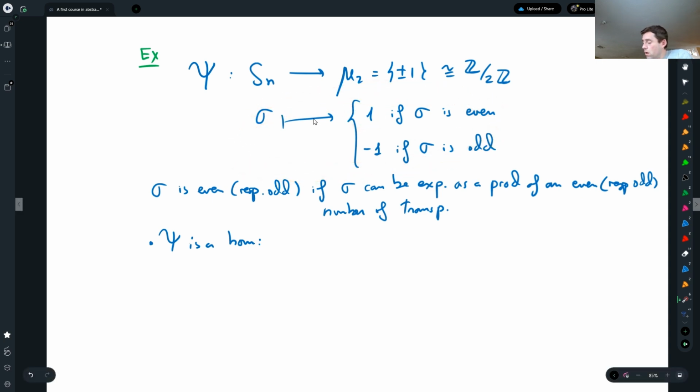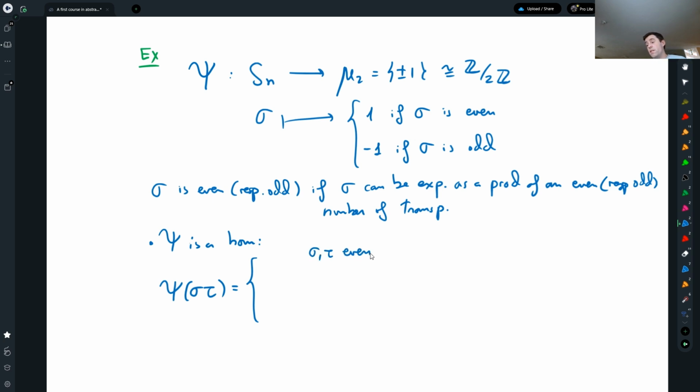And now, how do I prove that this is a hom? Let's see how much is psi of sigma tau, of the product of two permutations. First of all, if both sigma and tau are even permutations, then each one has an expression as an even number of transpositions, and the product of the two expressions will also have an even number of transpositions.